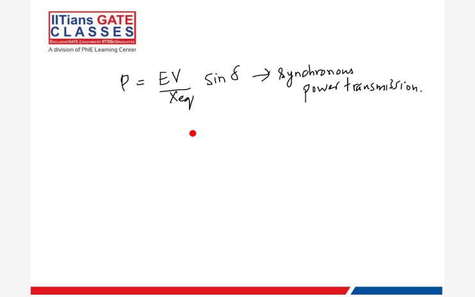So the rule of thumb is that if the distance is less than or equal to 500 kilometers, we will use AC transmission. If the distance is greater than or equal to 500 kilometers, we use HVDC, right?